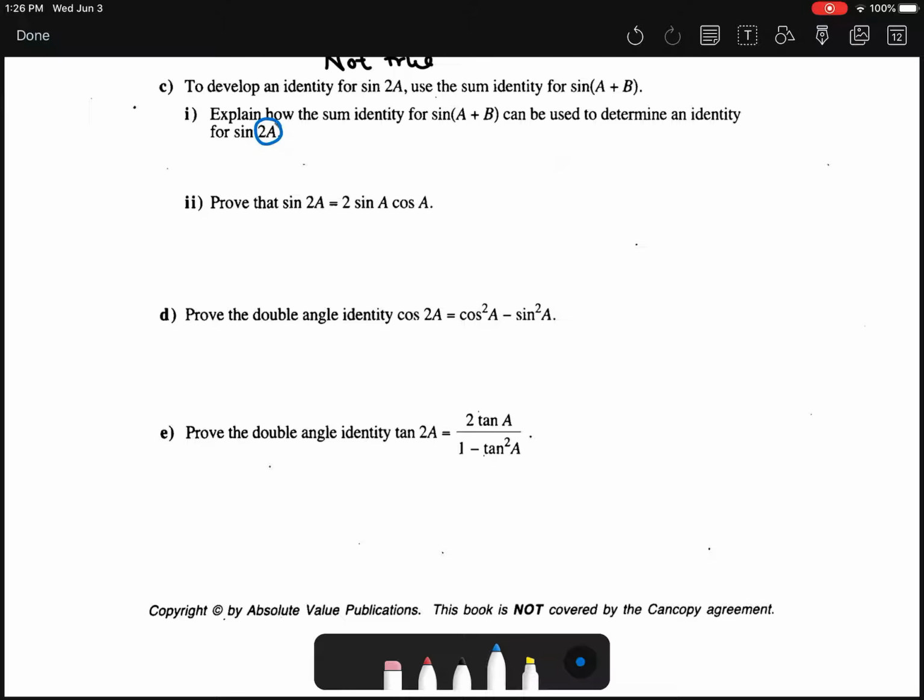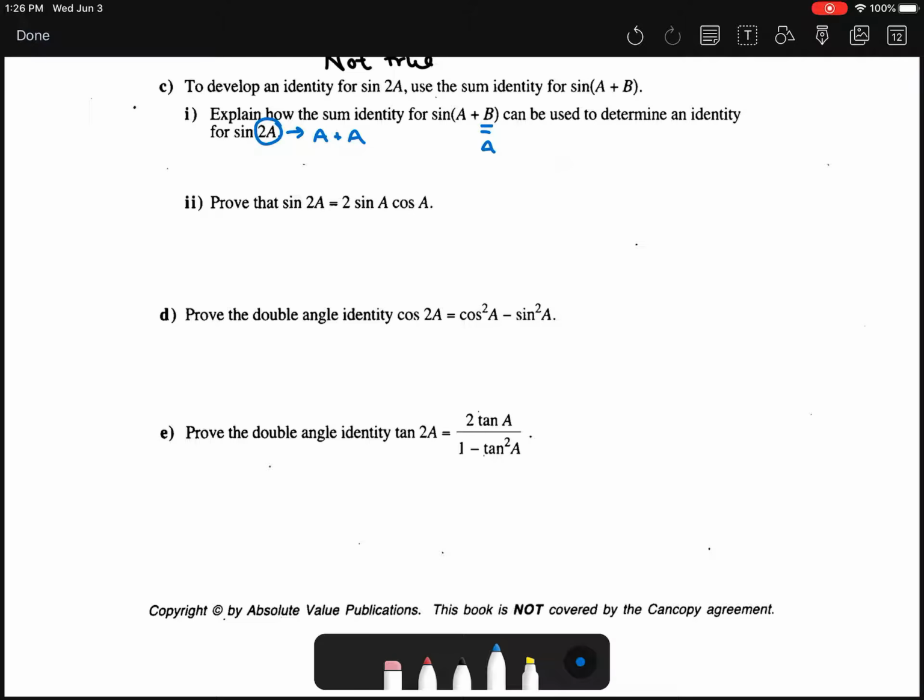Well, the first thing is that if I have 2 of anything, I can add the same thing to itself to get to 2 of them. So 2a could be written as a plus a, right? So then all I do is I go into the identity for sine of a plus b, and I'm going to replace the b with another a.